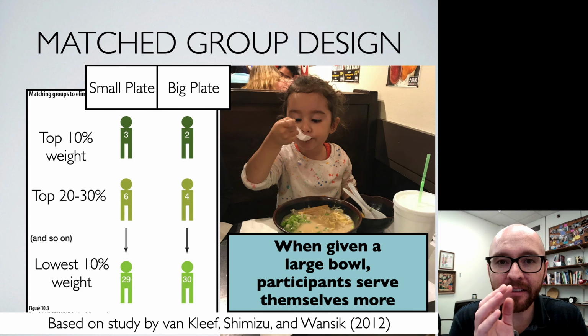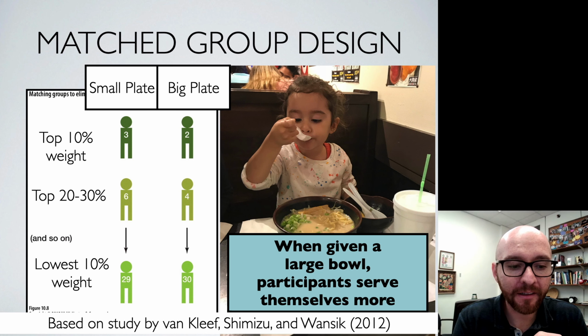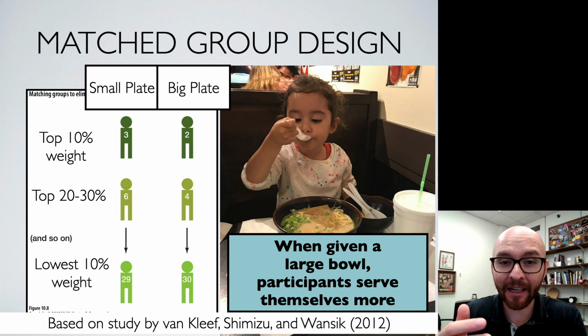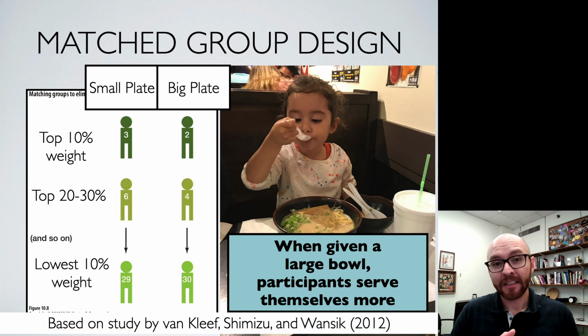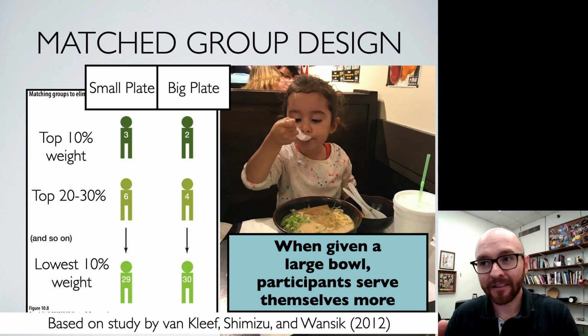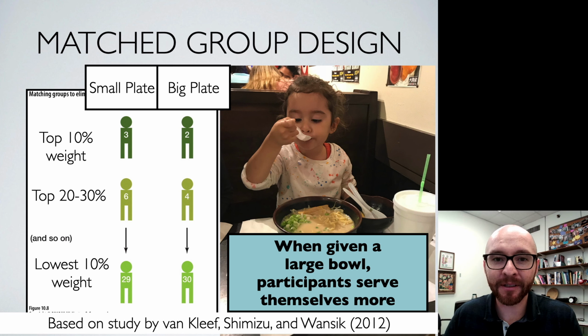So here's another example of what you might do. There was actually an experiment that was included in the previous edition, the second edition, of the Morling textbook. They looked at how plate size was not just correlated, but how the plate size the researcher gave participants caused participants to get less or more food.